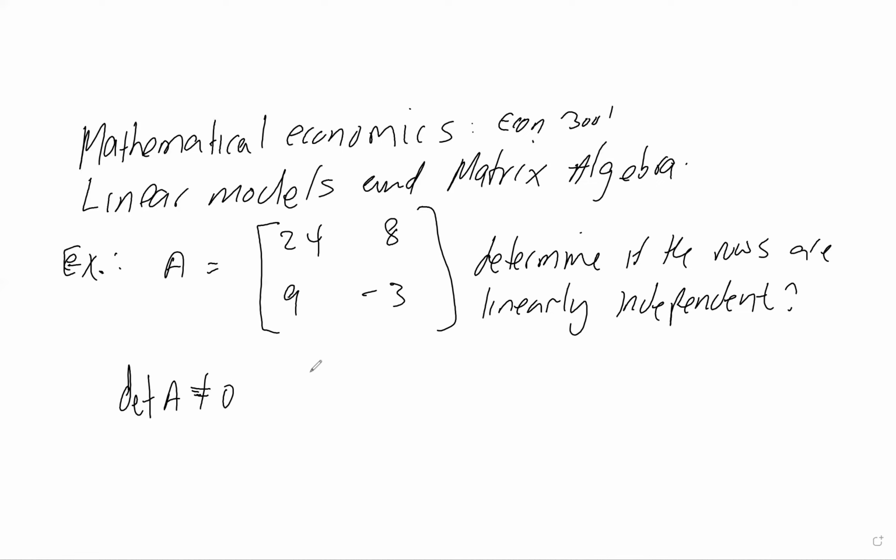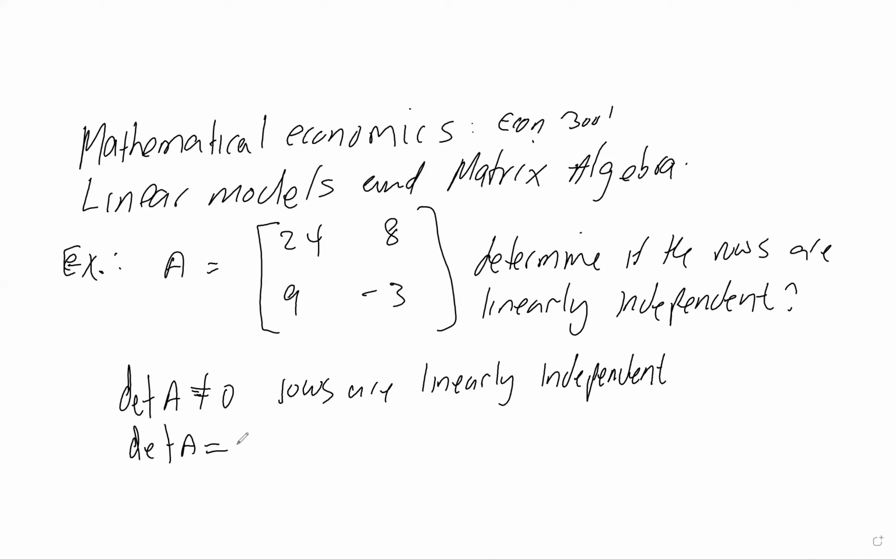Then that's telling you that the rows are linearly independent. If the determinant of A is equal to 0, then the rows are linearly dependent.